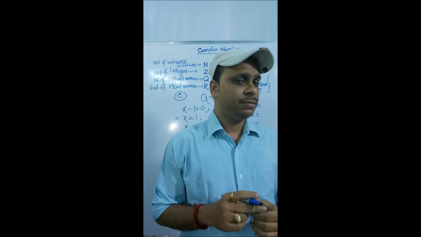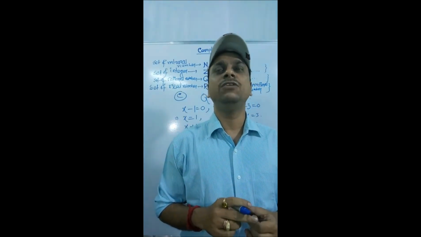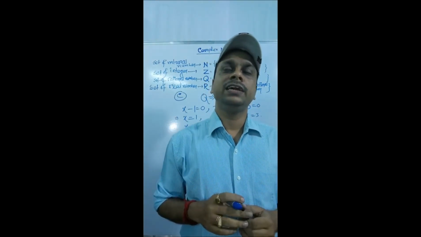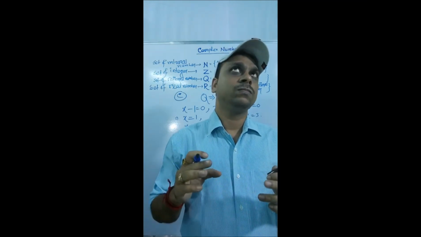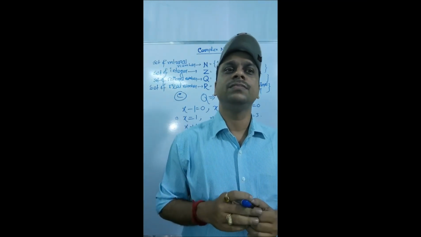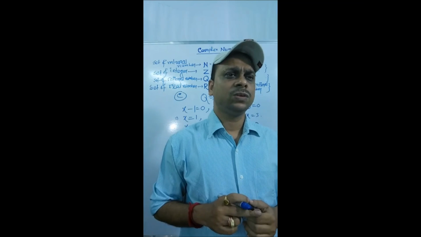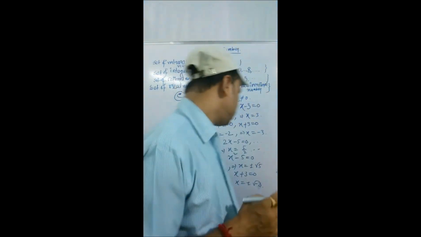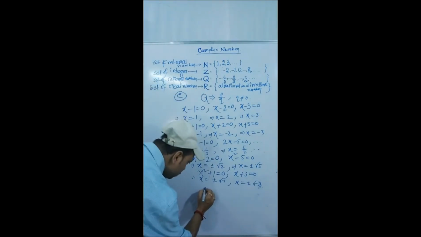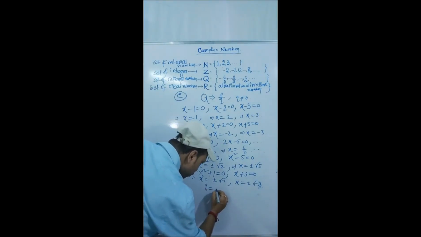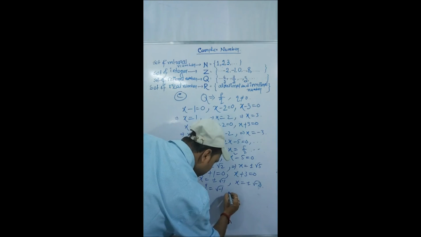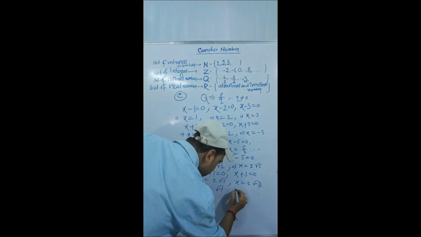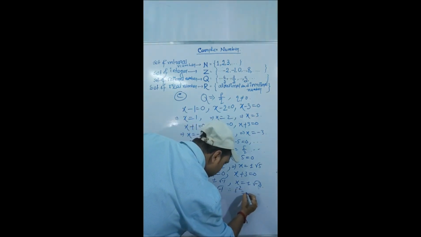The Swiss mathematician Leonhard Euler, in 1772-83, was the first to use i equals root of minus 1. Therefore, i squared equals minus 1.